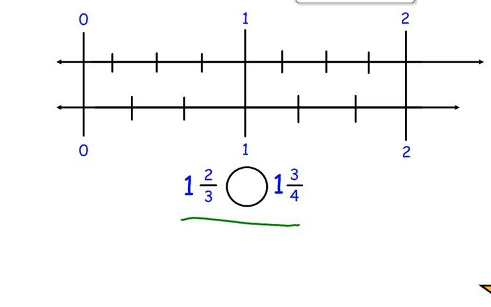If I take my first number, the 1 2/3, this number line is divided into thirds, so it's going to fit on this number line. We start at 1 and go 2 hash marks, 1, 2. That's going to be right here, and that's our 1 2/3. That's where it's represented on this number line.